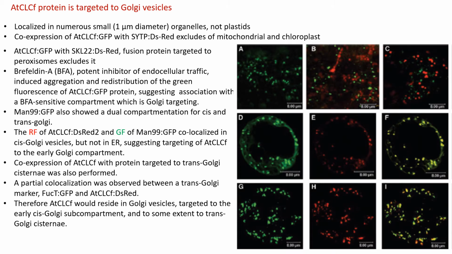An experiment was done with an endocellular trafficking protein inhibitor called brefeldin A, and the results showed aggregation of the particles and redistribution of green fluorescence of the ATCLC-F GFP protein, which suggested there was an association with a BFA-sensitive compartment.